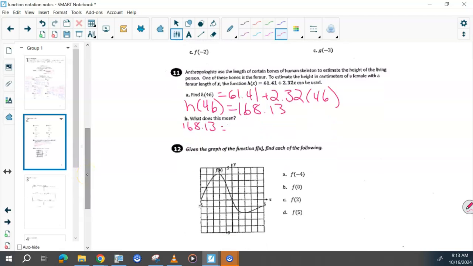So this is the height of the female in centimeters. So then what does the 46 mean? The length of the femur. Maybe in centimeters, I'm not entirely sure about that one, possibly. Okay, so being able to describe that in context will also be part of that function notation. Questions about that before we move on to the graph?